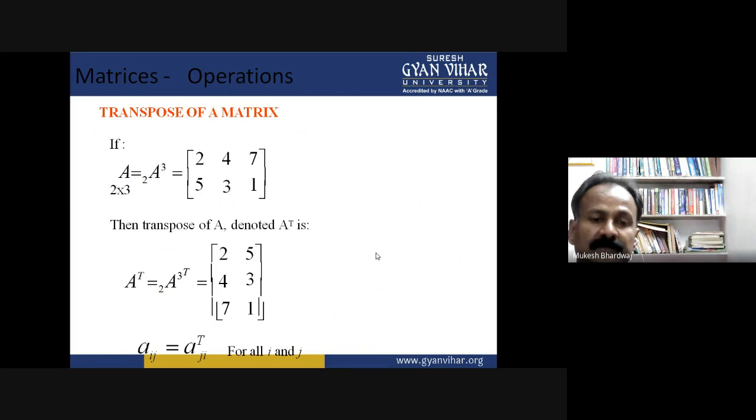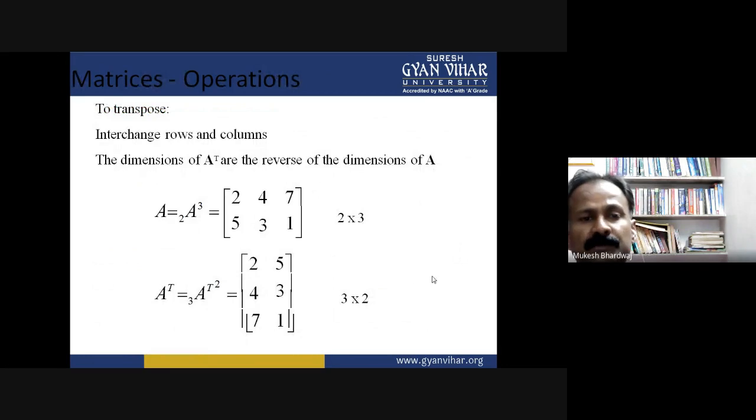In general, Aij is equal to A transpose Ji for all i and j. So this is the transpose of a matrix, a very simple concept which is to be used for further calculations, such as calculating the inverse. To transpose, we interchange the rows and columns, that is, we are converting rows into columns and columns into rows.